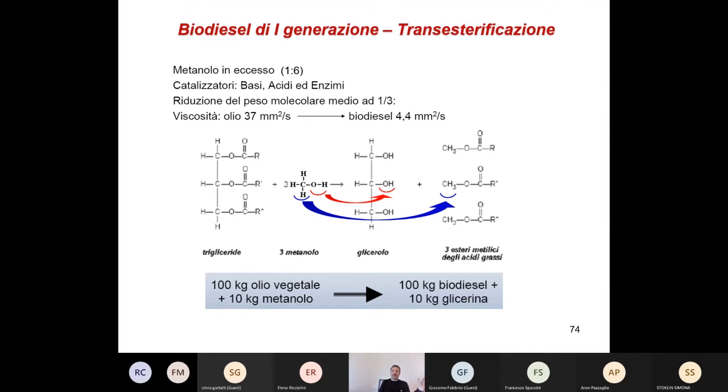So can I produce biomethanol? Otherwise, methanol is a fossil product, so a lot of fossil fuels have to be used for this reaction. And of course, 10% of the final weight you obtain is a co-product, so you also have to find a solution for glycerin recovery.